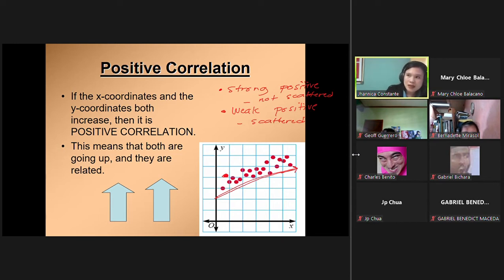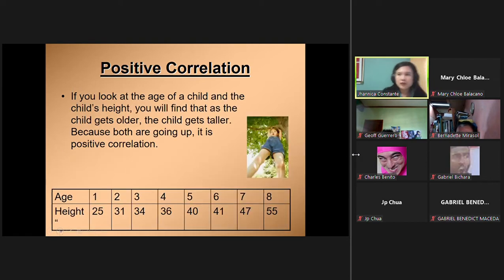Okay, for example, we have this data that emphasizes that we have a positive correlation. For example, we have here a set of data about the age and the height of a child. As the child gets older, the height is also getting higher.